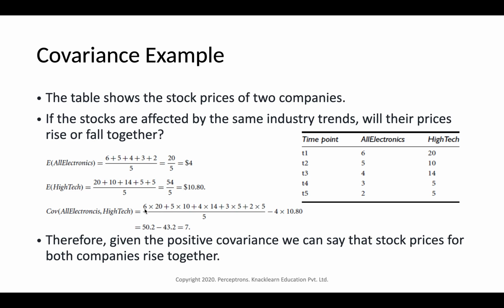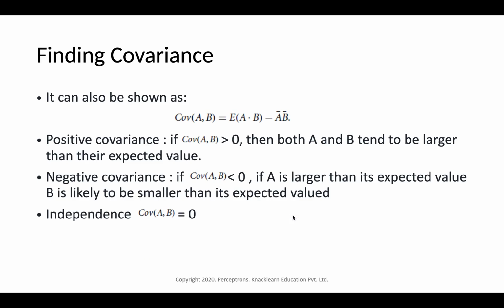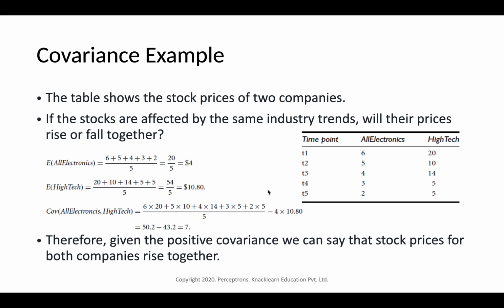Then we take the summation of the expected value of X and Y, that is x into y, the first value with the second value, and take the summation of that. Once we have taken the summation, we subtract x mean into y mean. So we are using this formula, that is the expected value of a into b minus a mean and b mean.